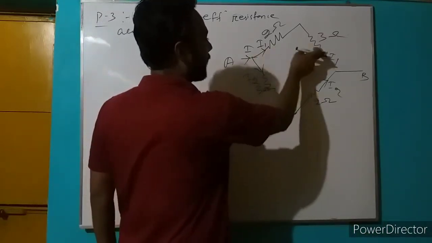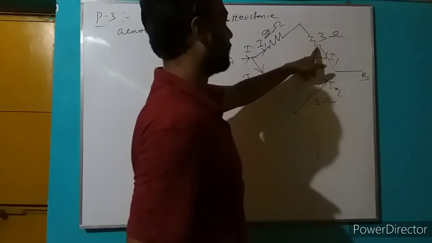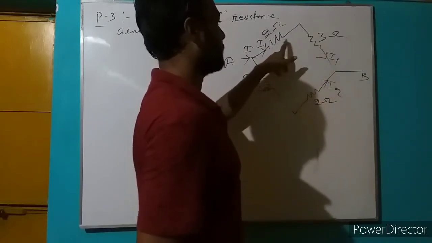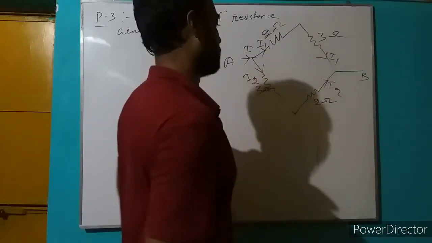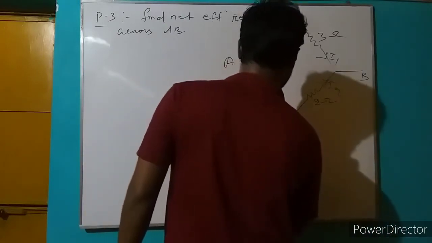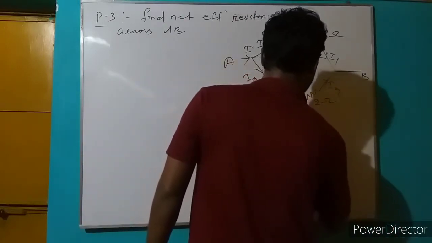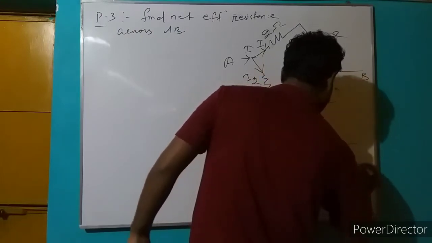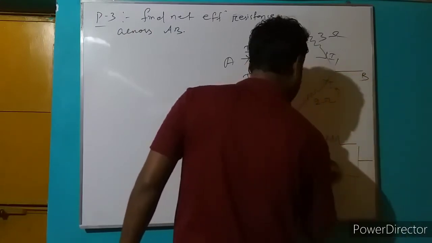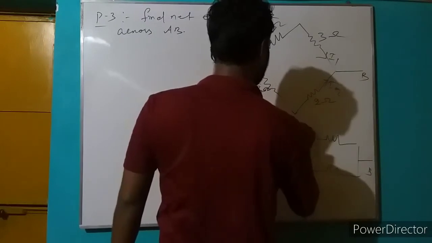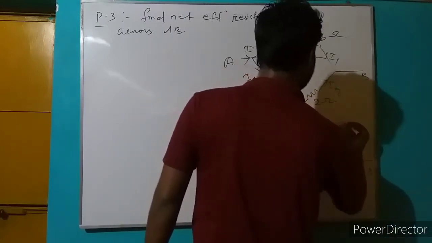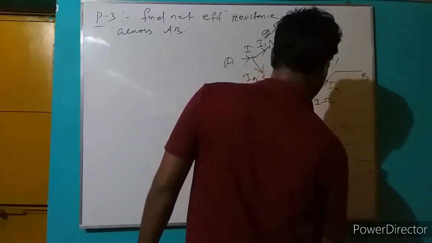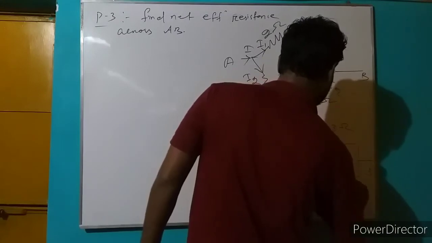So here I1 and I1 are adding algebraically because they are connected in series connection. That's why we can represent it in that way, so we can solve the problem easily. So that is A and that is B, and that is 2 ohm, 3 ohm, 3 ohm, 2 ohm.